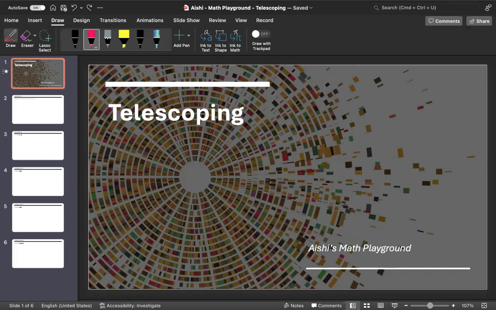Telescoping is similar, but it's to add long series of numbers and find patterns that you can write with one symbol and the pattern. I'm going to show you with our first problem. We have 2 basic problems and 3 challenge ones.